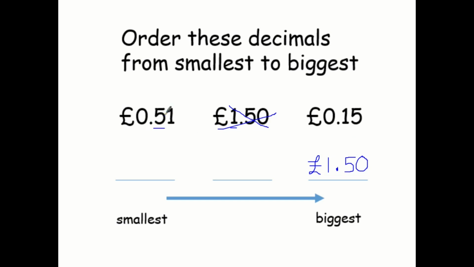Here I've got 5 in the tenths column, and here I've got a 1 in the tenths column. Therefore, this is the greater value. This has got greater value than this one, so this one must be the smallest. So 15 pence is the smallest, and 51 pence goes in the middle.